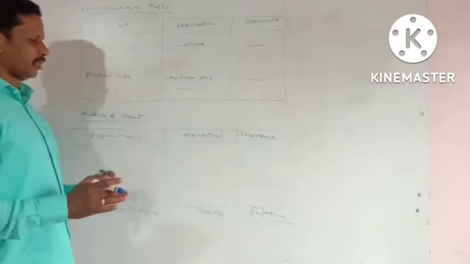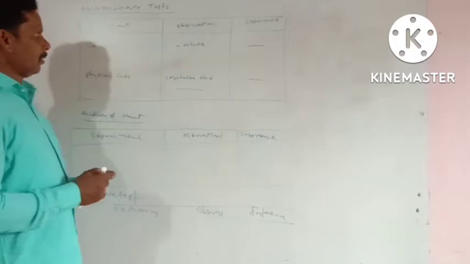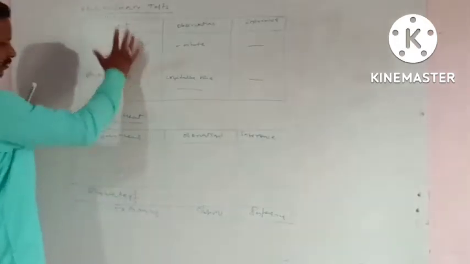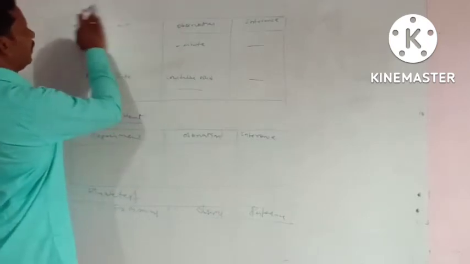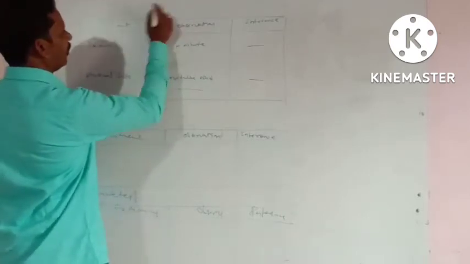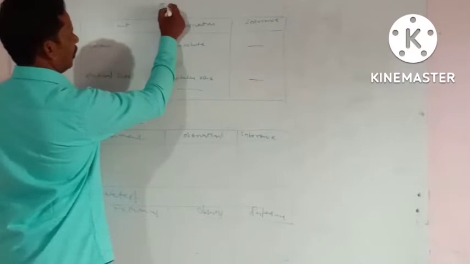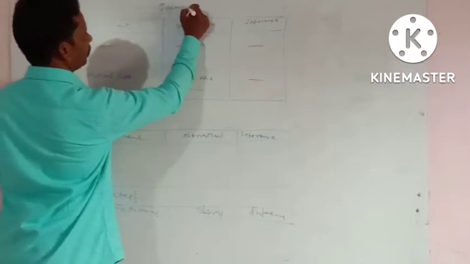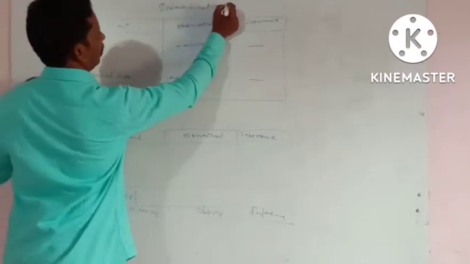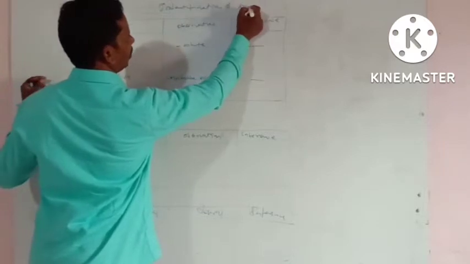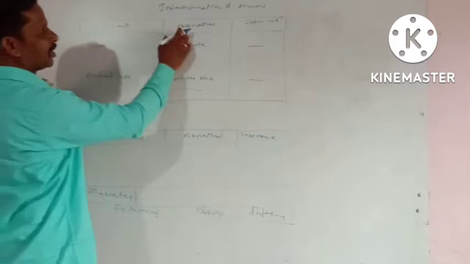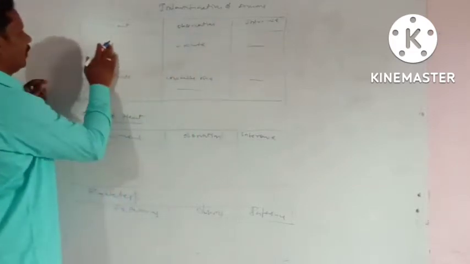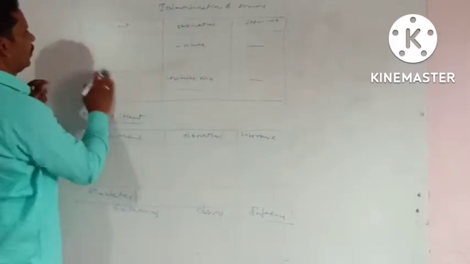After the completion of this, downside of this, you will write the main heading: identification of anions. There also you will write experiment, observation and inference.